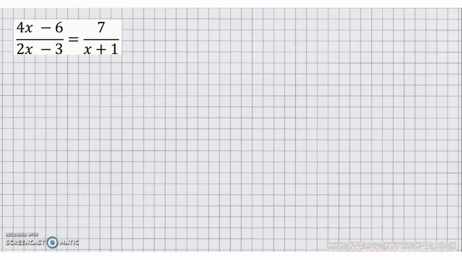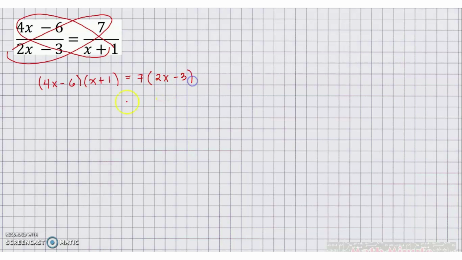Let us now have this example. In here we have 4x minus 6 over 2x minus 3 is equal to 7 over x plus 1. In this given equation, it is in proportion form. So meaning we can just simply use cross multiplication here. So this will be 4x minus 6 multiplied by x plus 1 is equal to 7 multiplied by 2x minus 3.